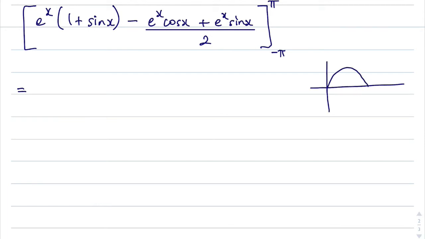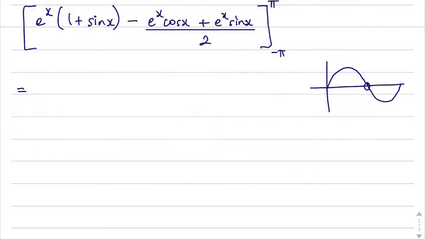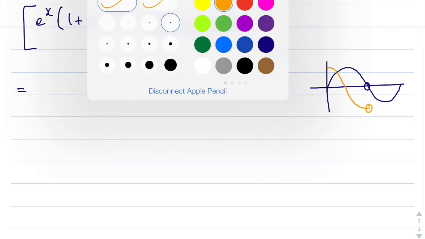We'd have the sine function like this, and at pi, which is this point here, sine of pi is 0, and likewise sine of minus pi is 0. When we look at the cosine function, at pi we have -1, and likewise at negative pi we also have -1. So let's put those values in.